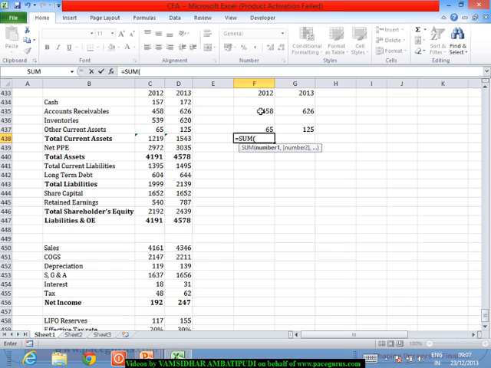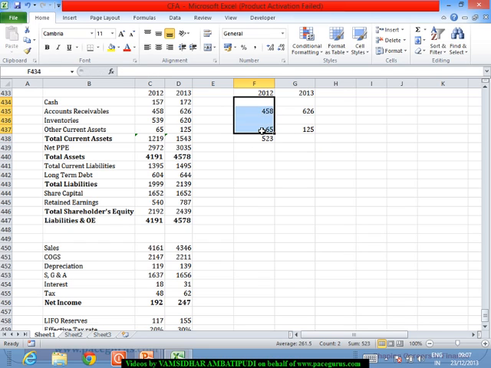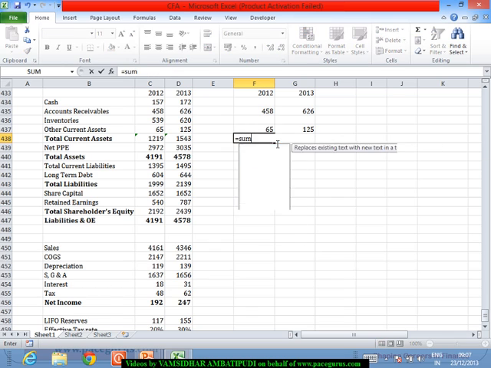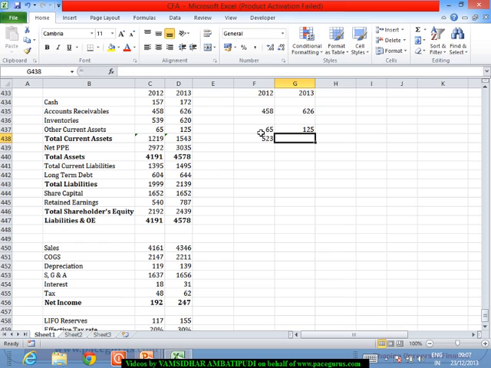So we know that the cash and the inventories will get affected, and probably the net PPE will not get affected in any way, and the same logic can be applicable even to the total current assets.